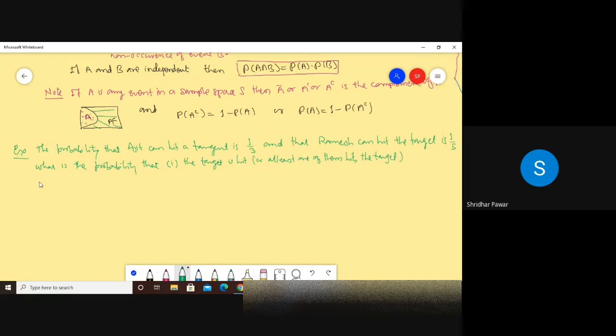Number 2, only one of them hits the target.